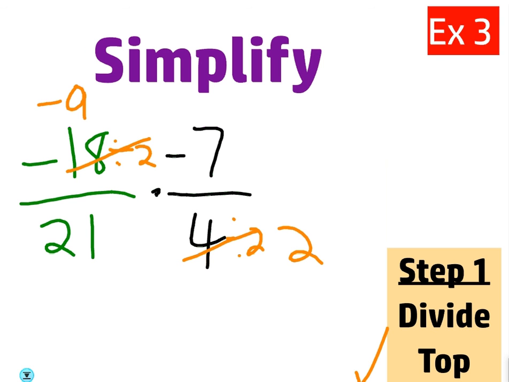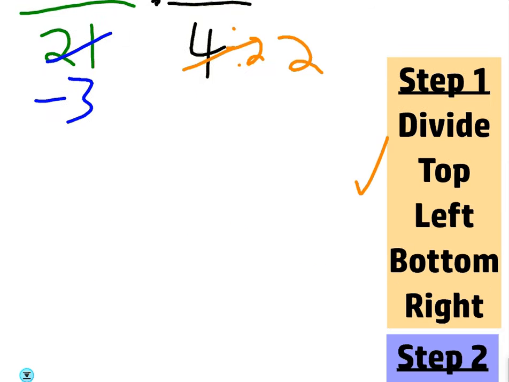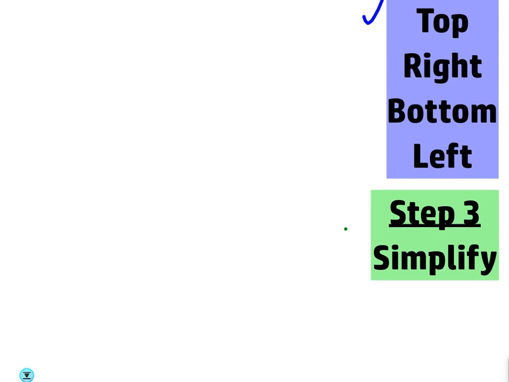Okay, so 21's bigger than 7, right? So the answer is going to go on the bottom, right? What's 21 over negative 7? Negative 3. Now you can leave the negative on top, but a lot of times it's better if you just do it that way. Remember, a positive or negative is a negative. Okay, so now we're going to simplify that. Almost done.